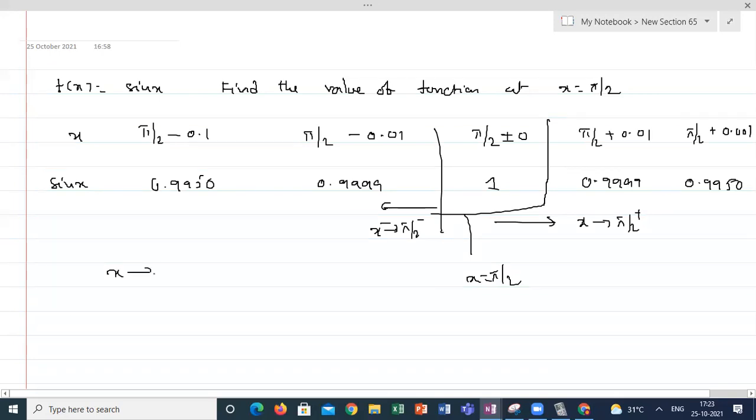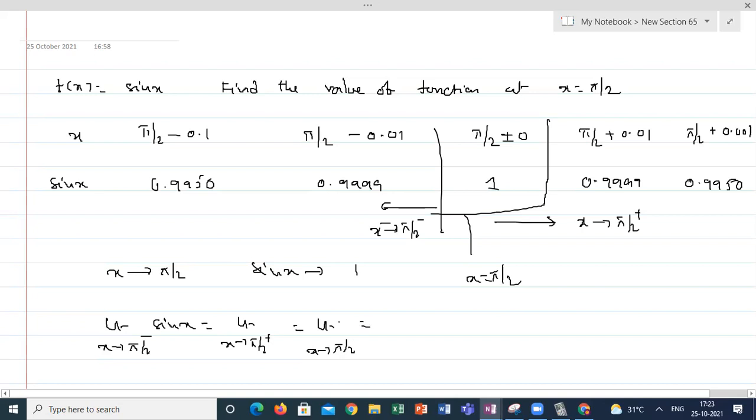When x is approaching pi by 2, your sin x is also approaching 1. There is no dramatic or drastic change as the value approaches. So limit x tends to pi by 2 minus of f of x, or sin x, equals limit x tends to pi by 2 plus, and limit x tends to pi by 2, or sin pi by 2.